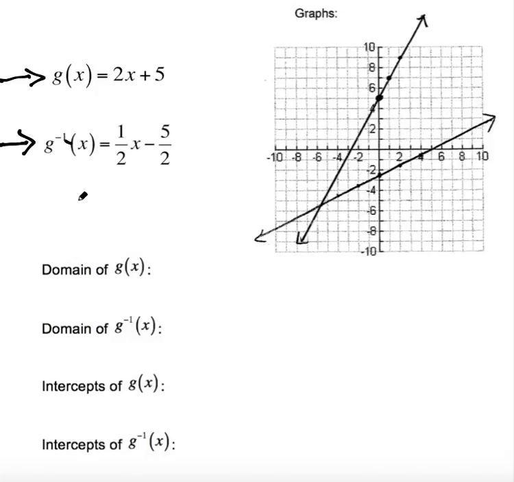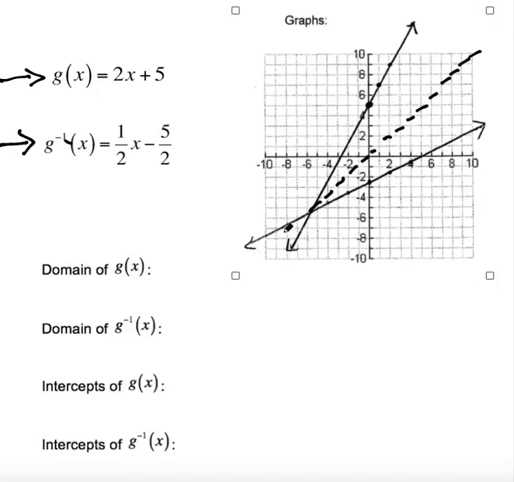Now one thing I want you to notice is that these two lines are inverses of each other. They have this little property where I'm going to try to draw a little dotted line. If you look at the line y equals x, which goes right through the center of this graph, you can see that they are mirror images of each other.